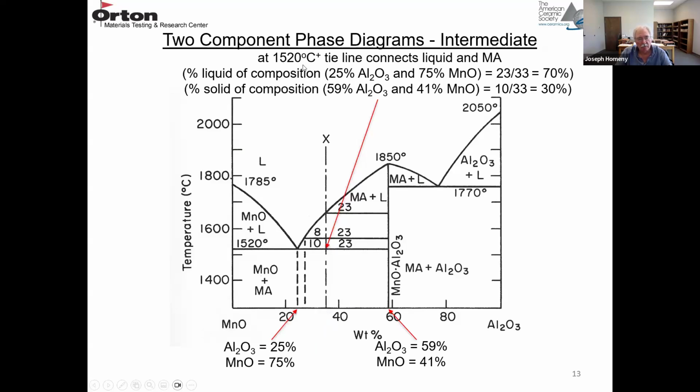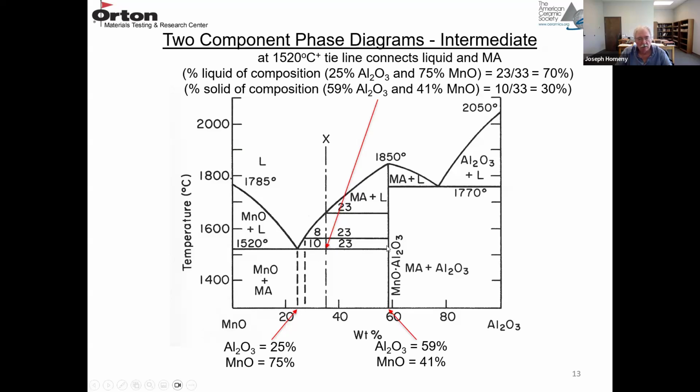So the tie line at 1520 plus goes from the eutectic to the crystal Ma. So we're connecting a liquid to the solid Ma. And now the liquid is the liquid at the eutectic composition, 25% alumina and 75% MnO.